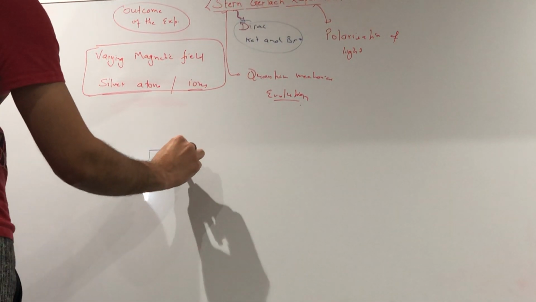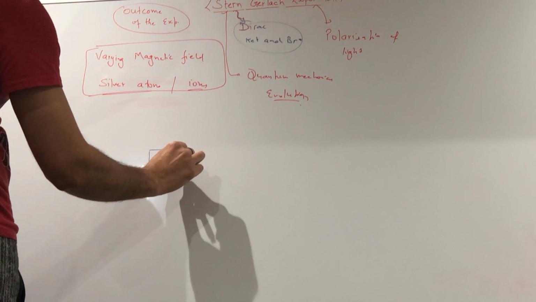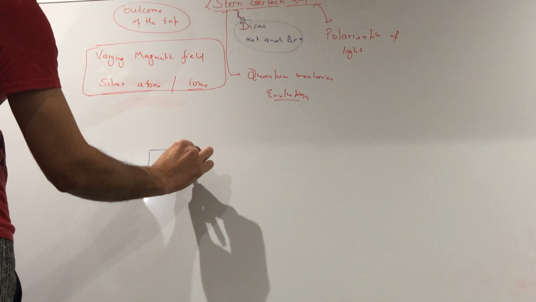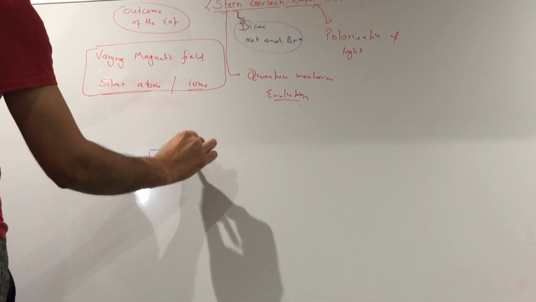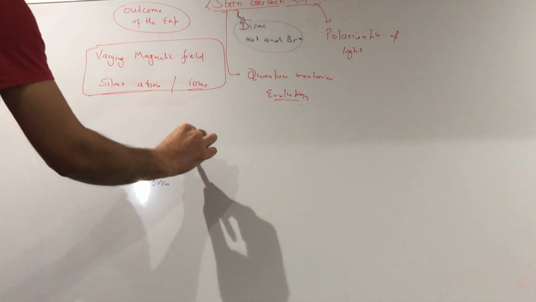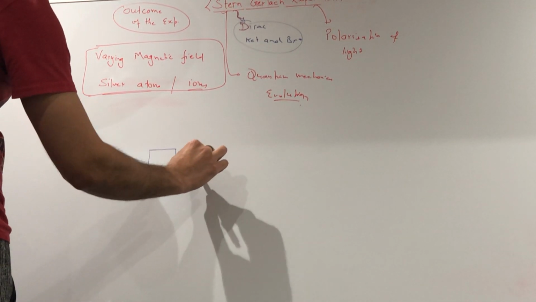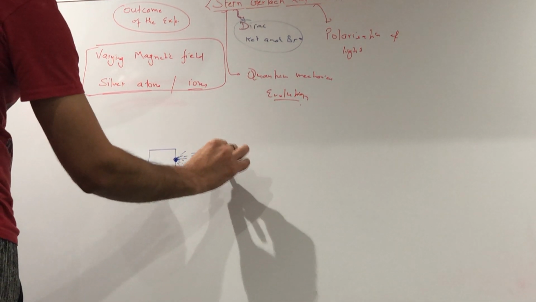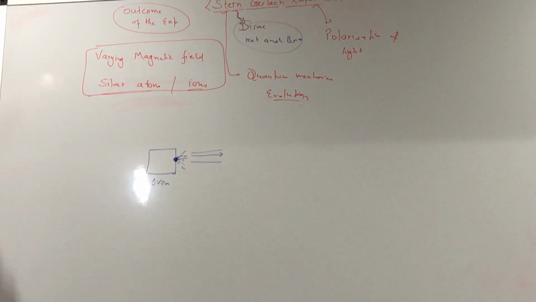So what we do, we have a hole in this oven through which the silver vapors come out of this oven. By using a beam collimator, we make a fine beam of these silver atoms.